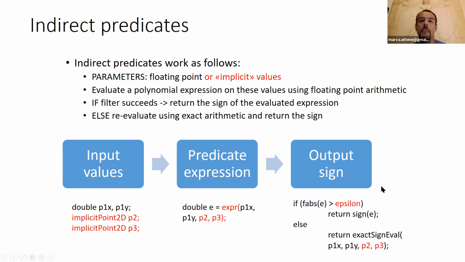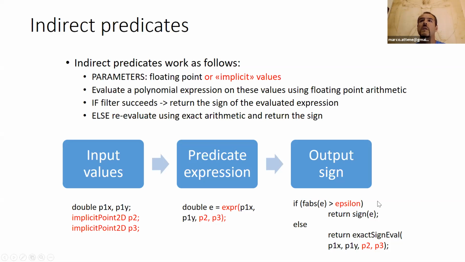Well, an indirect predicate works similarly, but it also accepts implicitly defined input values. So these points here. Depending on the type of these implicit values, the polynomial expression changes, and so also the threshold value for the filter changes.